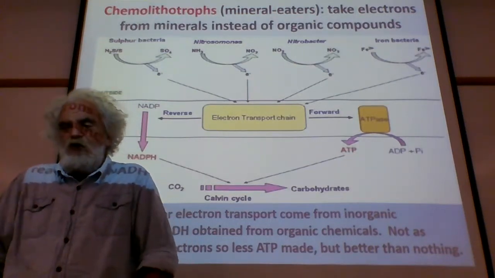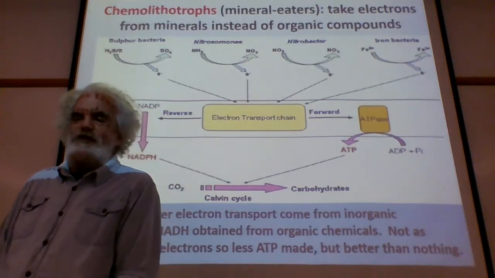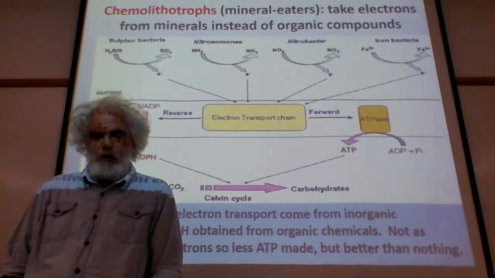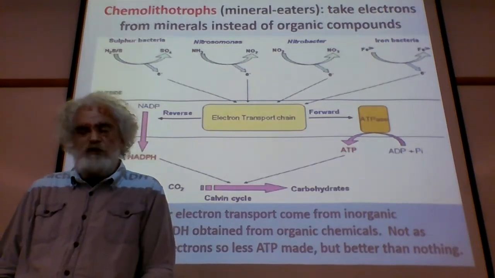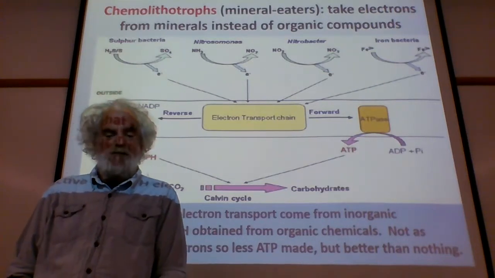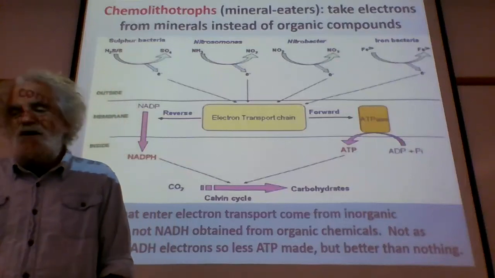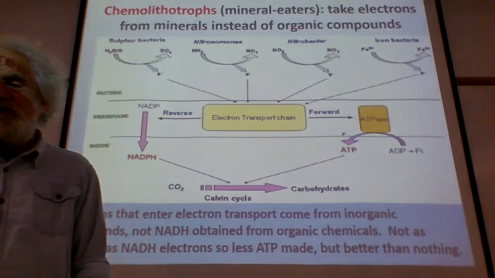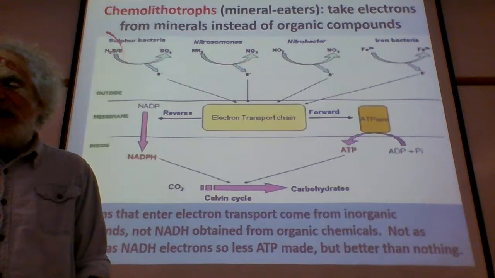We have a couple of other oddballs, the chemolithotrophs. These are organisms that actually eat minerals. They're not taking the electrons from organic compounds. So we have things like sulfur bacteria that take hydrogen sulfide and generate sulfate.